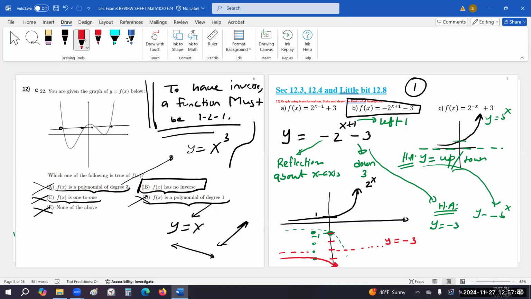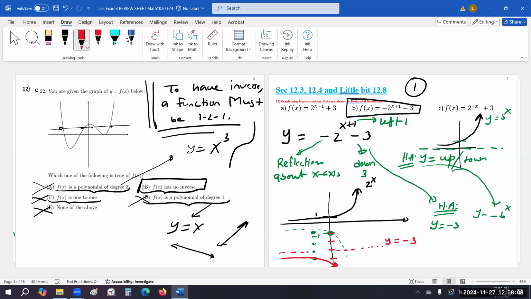If you just write -3, you're losing 1 point. The asymptote is not a point, it's a line equation. So y equals gives you 1 point, and then the number gives you another point. So 2 points here, 1 point here, then the reflection left down gives you another 3 points. It will be around a 6 points question.